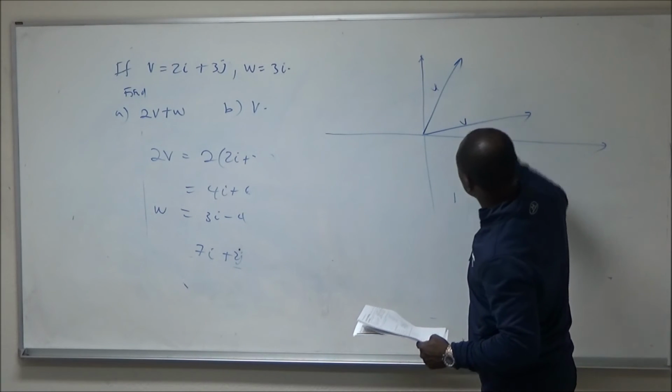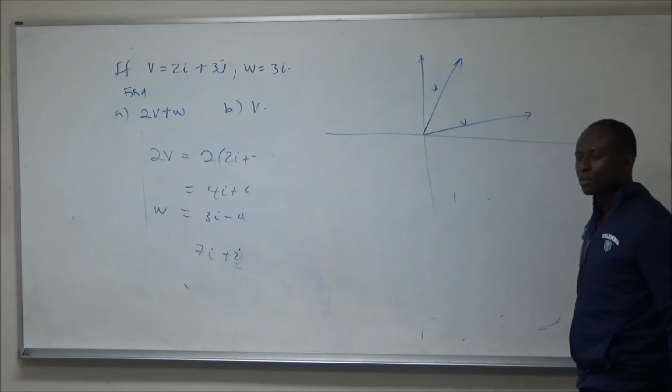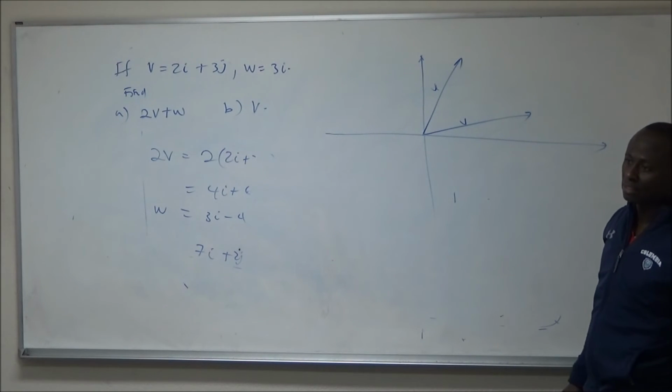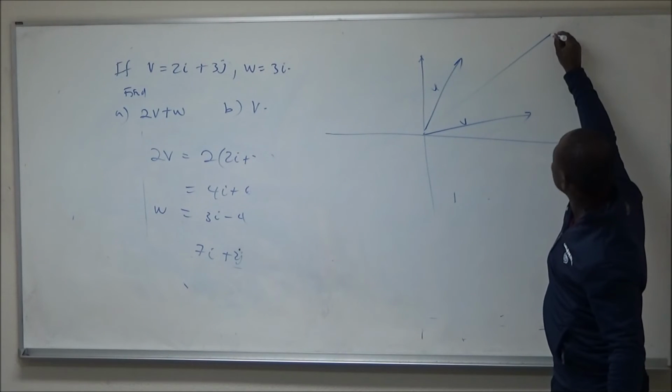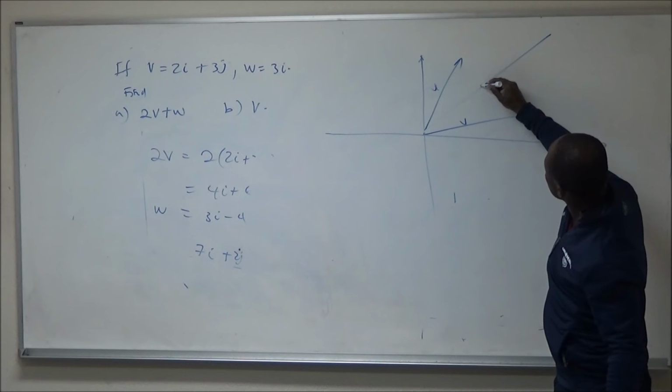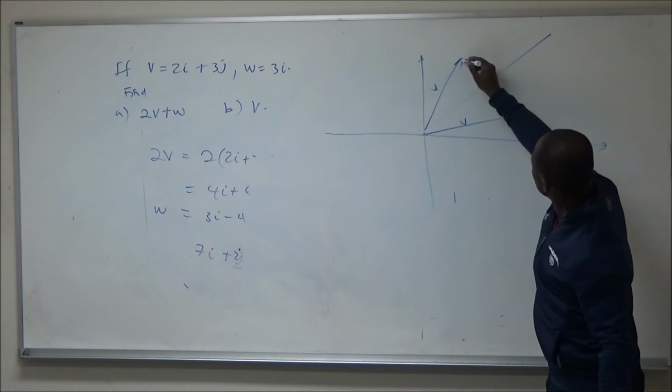For simplicity, let's use u and v. Where would the resultant be? The end result of it. How would it look like? So actually the resultant is that. Okay? And what is cool is that this actually is a parallelogram.